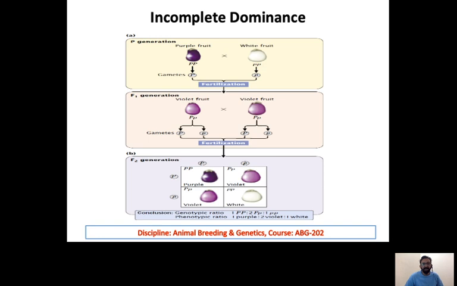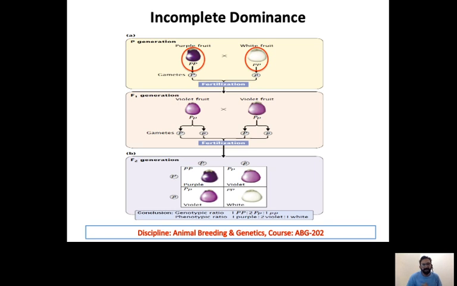So what happens in case of incomplete dominance? In the heterozygote form, both of the alleles, the recessive as well as dominant, express themselves, and a third type of phenotype emerges. For example, here in this case, the parents are either white or purple in color. So fruit color is purple or white.